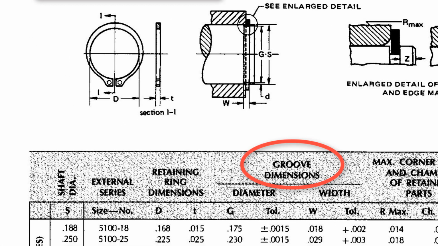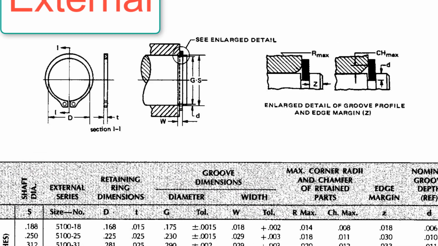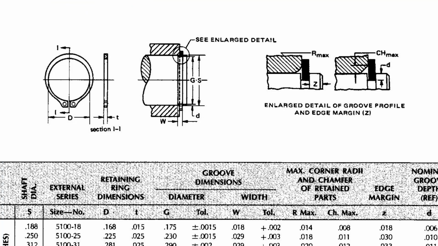In this table, we define the groove dimensions on our shaft according to the shaft diameter, and groove dimensions also have some tolerance values. We will use those tolerance values in the sketch. There are also other dimensions specified on the table, and these dimensions we use during our modeling.